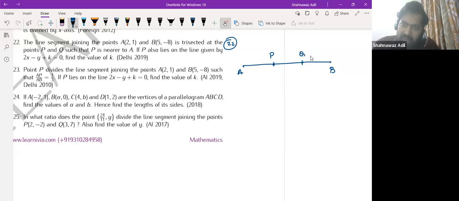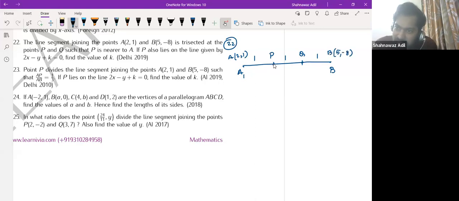So we don't need to find out this Q value. We can ignore this. So what are the ratios if I take this as 1, 1, 1? So point A is 2 comma 1 and point B is 5 comma minus 8.